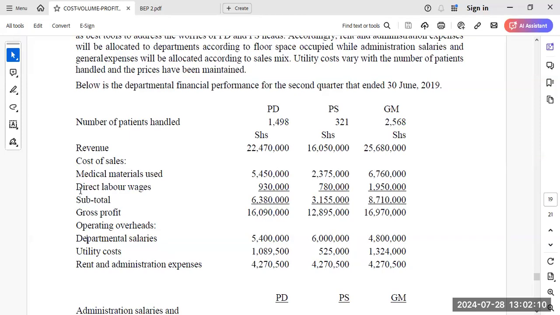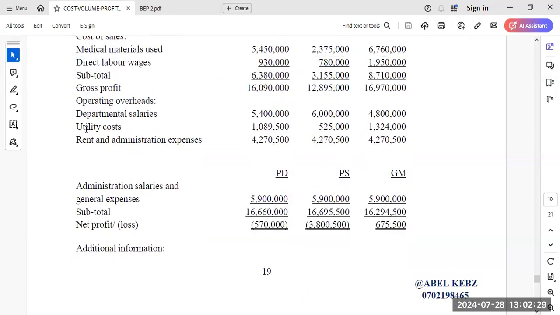Of course, variable costs, you'll be having medical materials used. You'll be having direct labor wages. Then the fact that they said utility costs vary with the number of patients, I will also need departmental utilities as part of my variable costs.